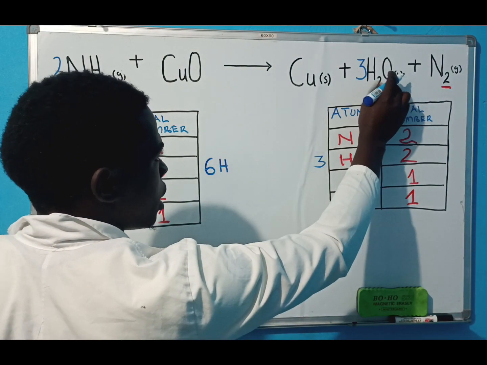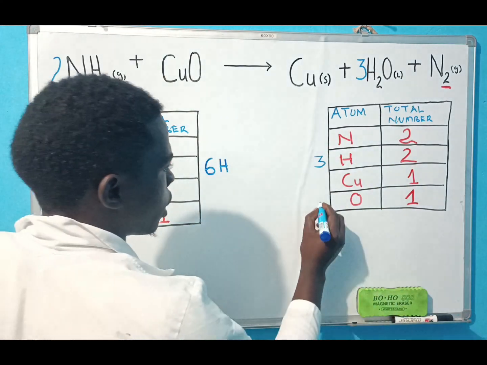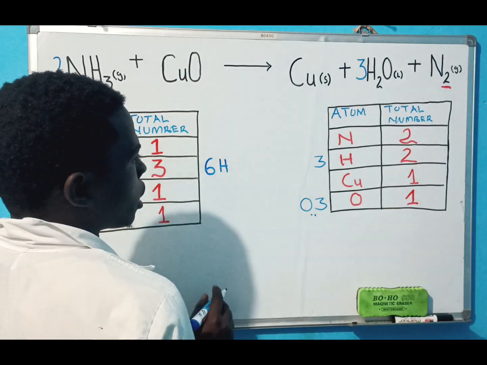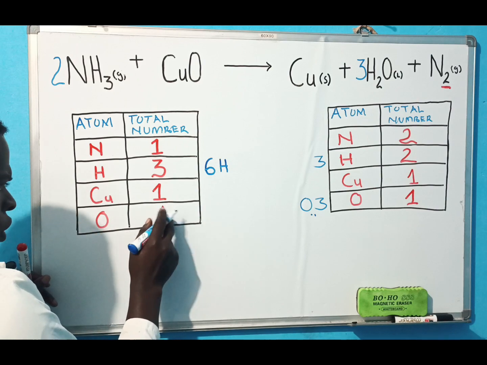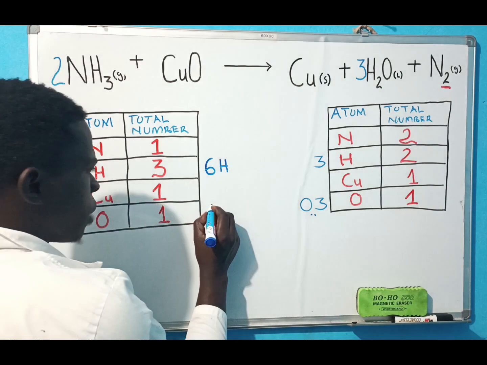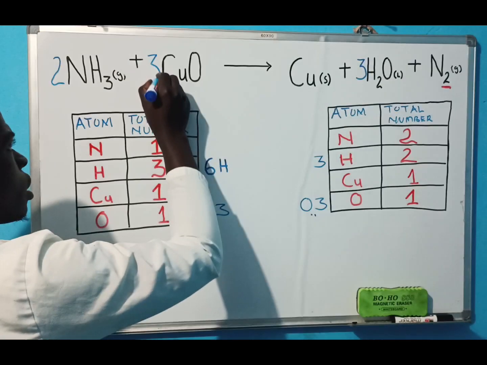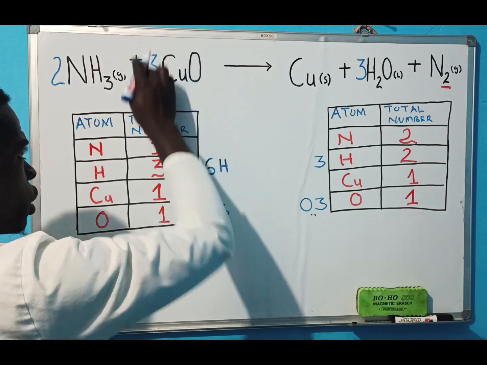But the 3 on the water molecule implies that we have 3 oxygen atoms on the product side. Therefore, we have to make the oxygen atoms on the reactant side to be 3 by multiplying by a 3 here. Therefore, we write a 3 on the copper 2 oxide.